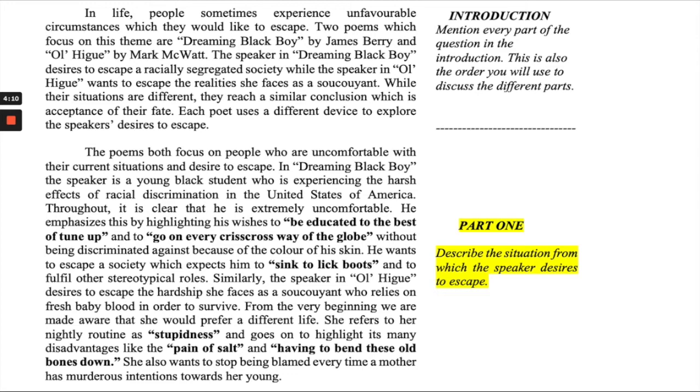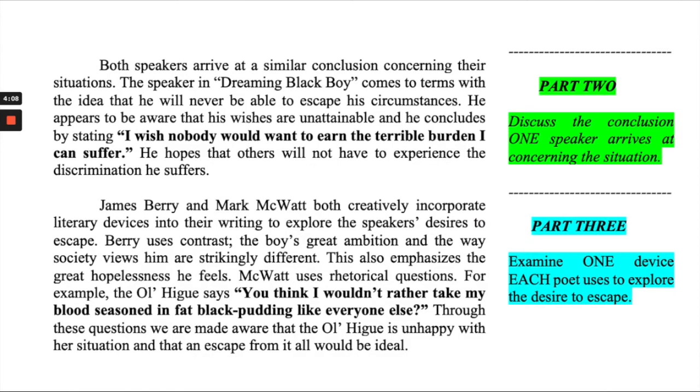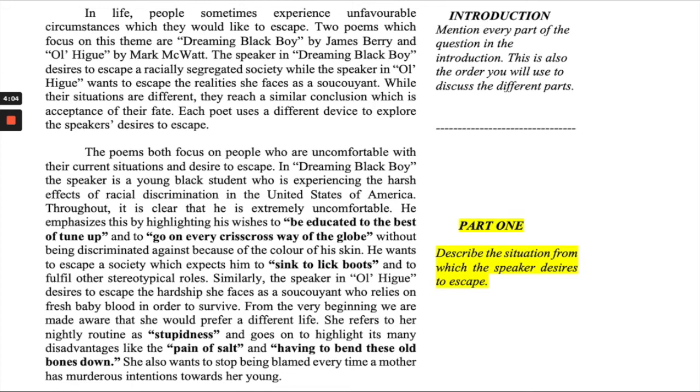If you look at the comments on the right, the essay has been organized into 5 main parts, just like we discussed. So it goes. In life, people sometimes experience unfavorable circumstances which they would like to escape. 2 poems which focus on this theme are Dreaming Black Boy by James Berry and Old Higue by Mark McWatt.